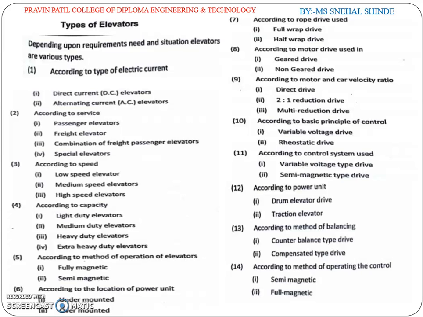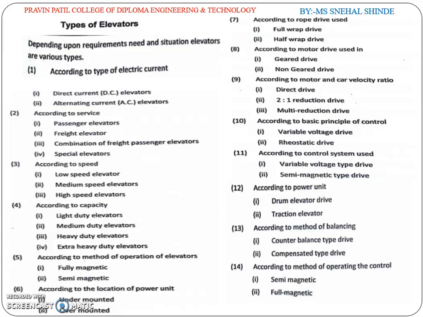According to the service: passenger elevators, freight elevators, combination of freight passenger elevators, special elevators. Third is according to the speed: low speed elevators, medium speed elevators, high speed elevators.